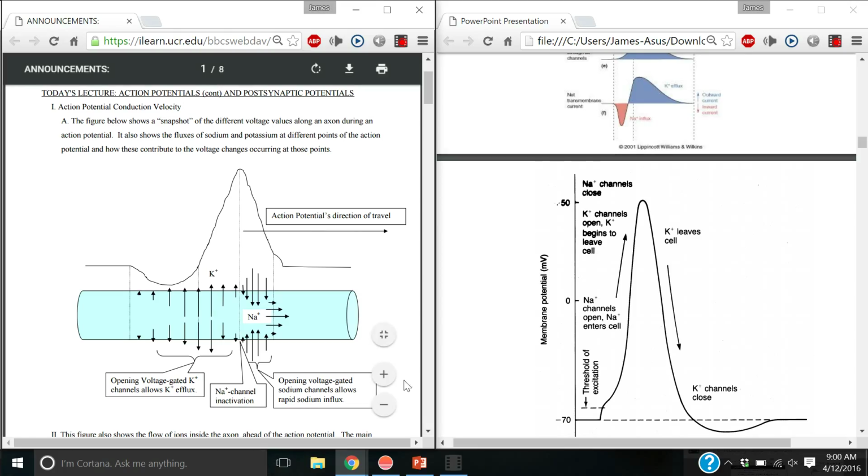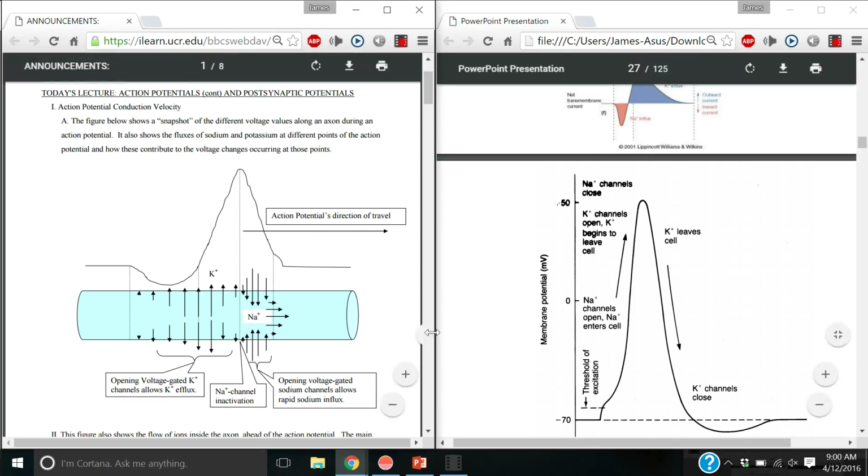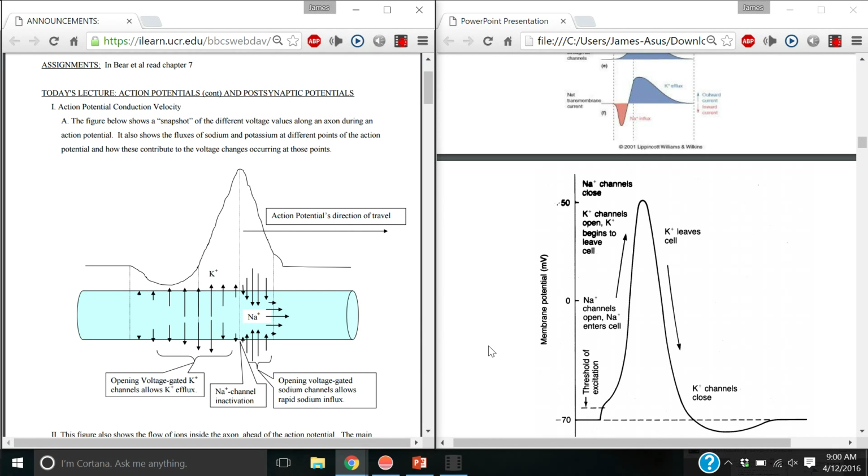And the reason that those factors increase conduction velocity is because this wave of depolarization ahead of the rising phase will cause depolarization that opens voltage-gated sodium channels. Anything that does that more rapidly is going to increase the conduction velocity.